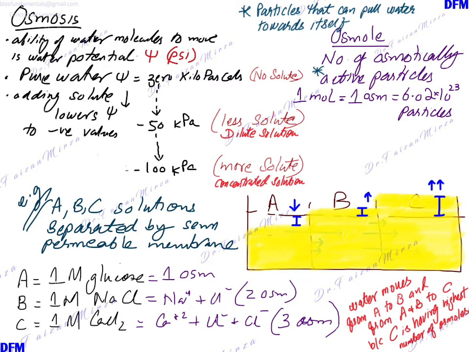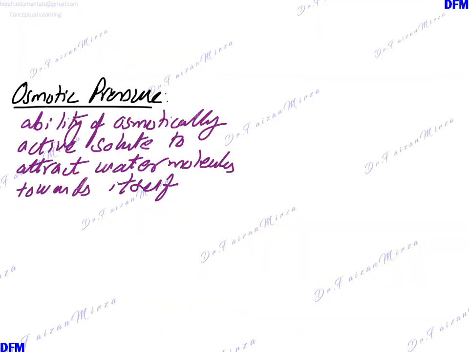Either condition can cause the cells to burst, because animal cells are not protected by cell walls, so our cells are very vulnerable to any kind of osmotic changes. The term osmotic pressure is basically linked with how fluid exchange occurs, and I already discussed it there as well. Osmotic pressure is the ability of osmotically active solutes to attract water molecules towards themselves.